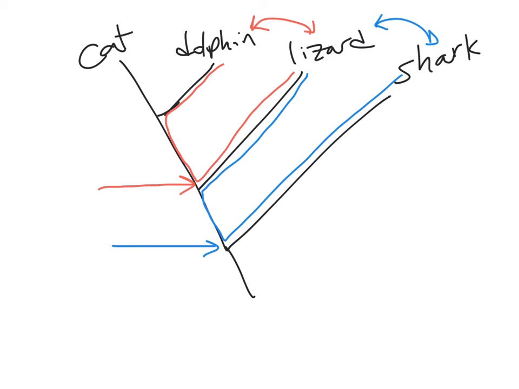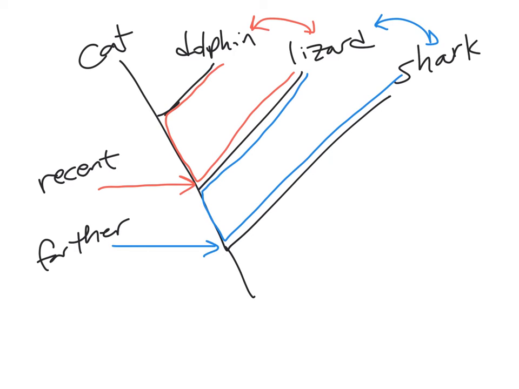Again, because you go more recently back in time to find their common ancestor than lizards and sharks. The distance between the nodes, relevant to the time scale between recent and past, seems to be equal between lizard and dolphin and lizard and shark.